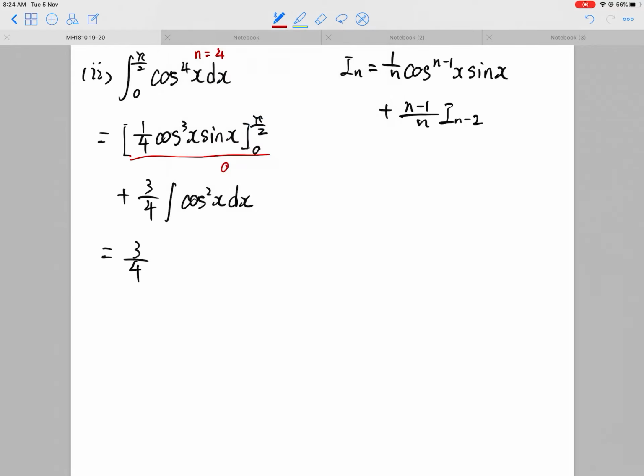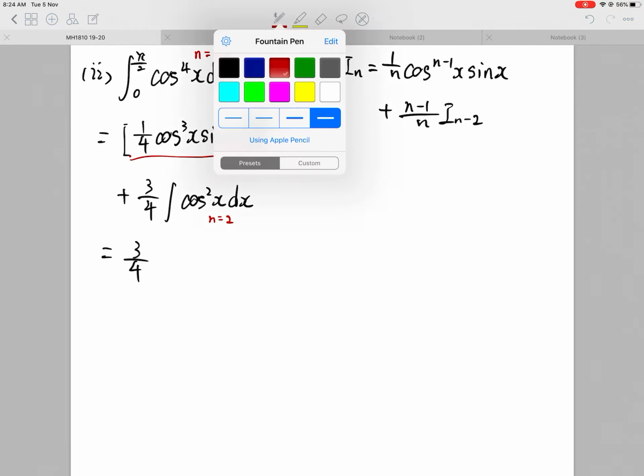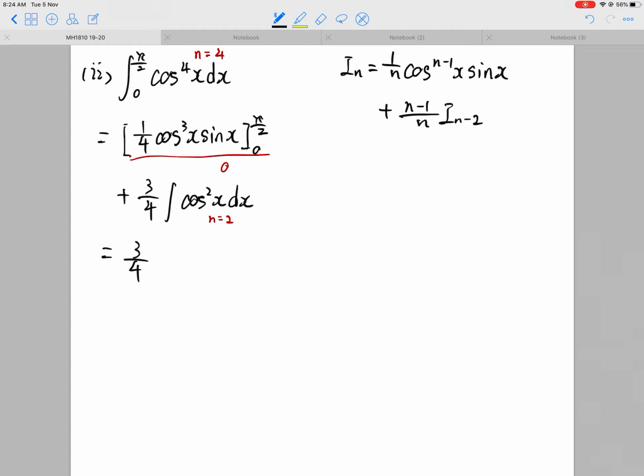Now, n is 2, so we can do the substitution. It's 1 over 2 cosine x sine x from 0 to half pi, plus 2 minus 1 over 2 times I_0.